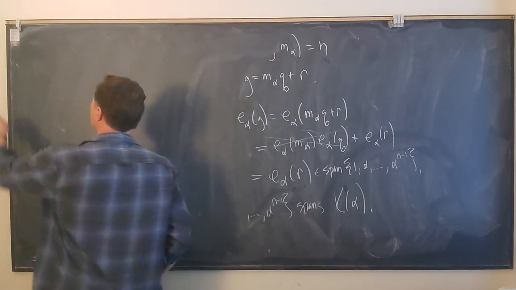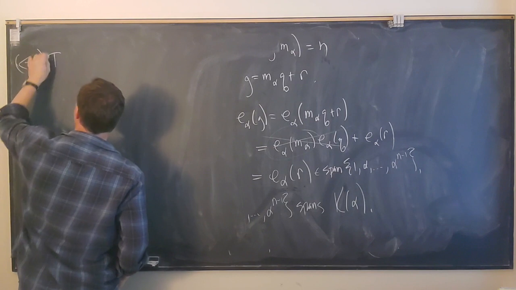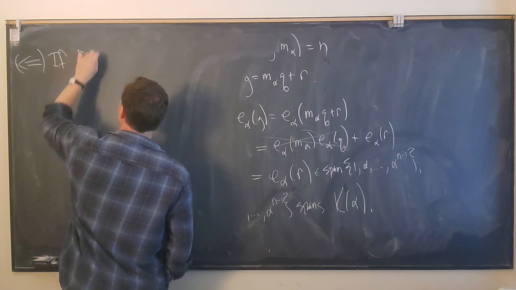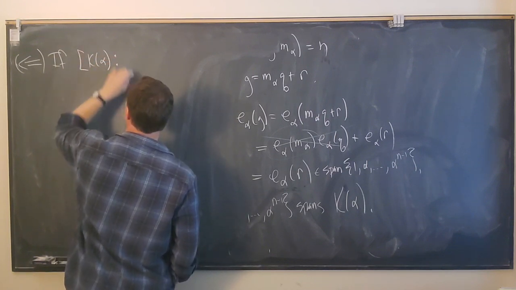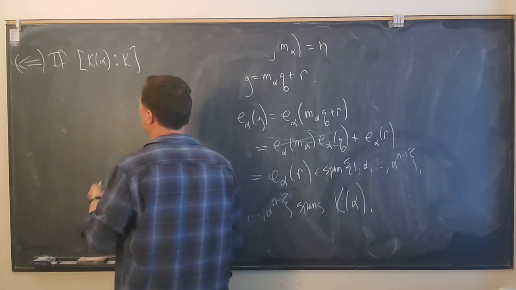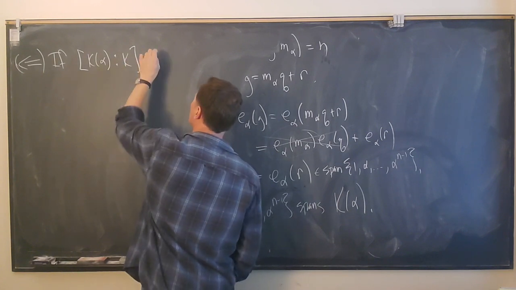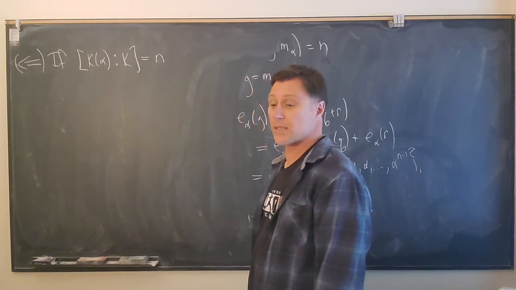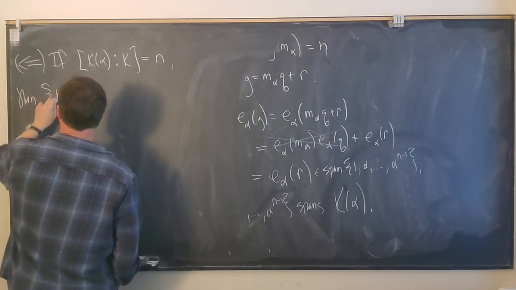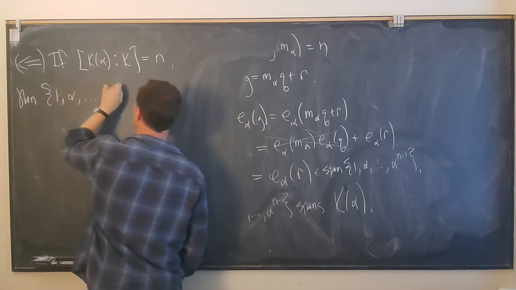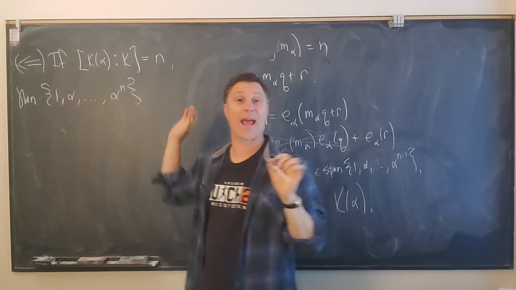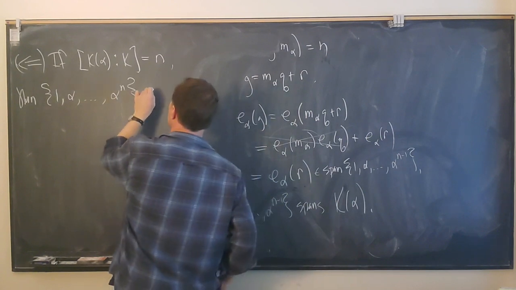So now we need to just finish off with the reverse direction. If K adjoint alpha over K is finite, let's say the degree is equal to some number n, then if we look at this collection of vectors, 1 up through alpha raised to the nth power, there are n plus 1 vectors here. That has to be a linearly dependent set.